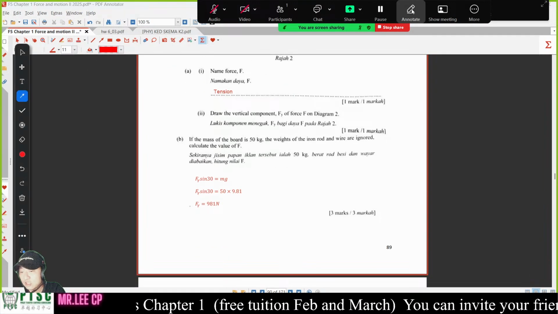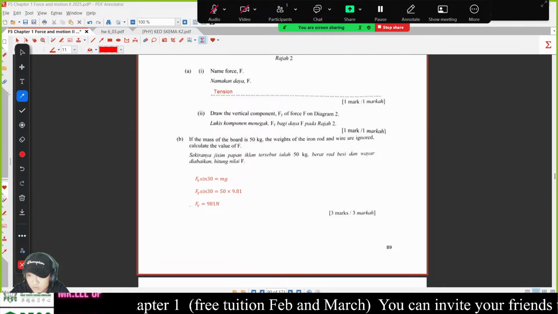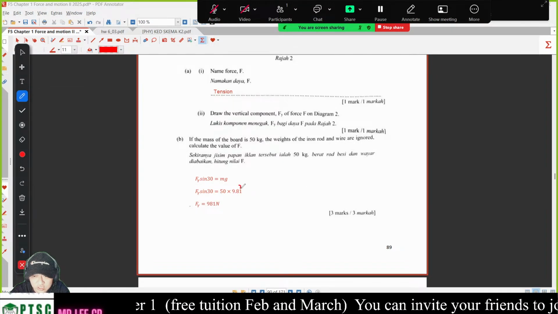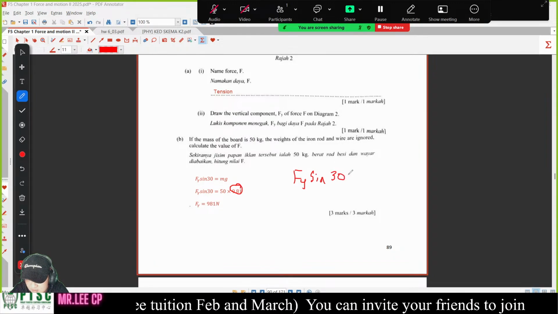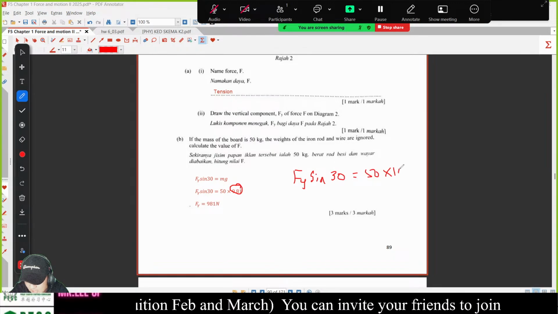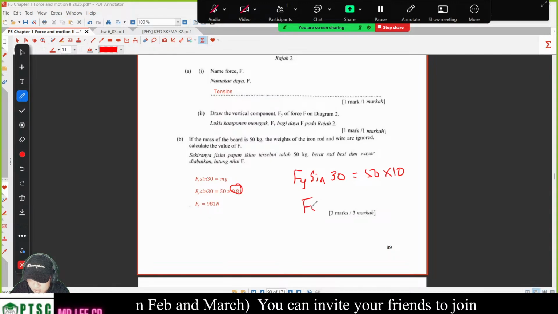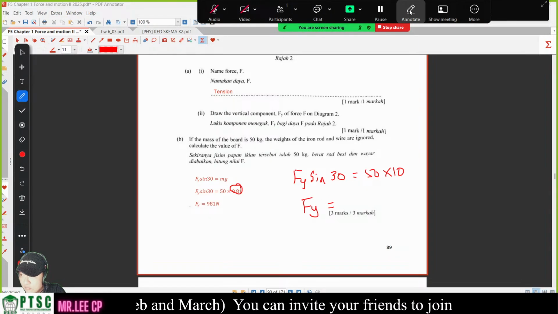So if I use g as 10, Fy sine 30 is equal to 50 times 10, mg. Fy is 500 divided by sine 30.